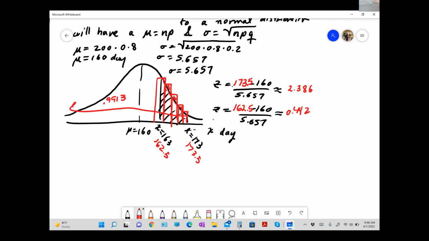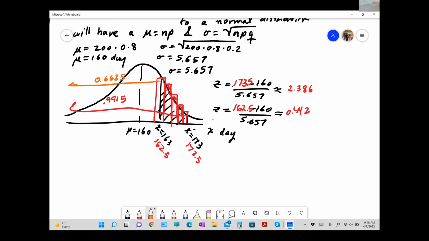0.9913, but we have to now add 0.0002, so it's going to be 0.9915. And then the other one, if we look up 0.442, 0.44 is 0.6628, and then we have to add 7 to it, so it's 0.6635.